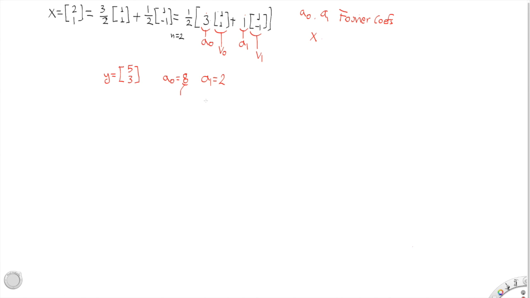The whole point here is that when n is equal to 2, so in two dimensions, you can either have the constant signal, which doesn't oscillate at all, or the signal that oscillates once. Basically, you're taking x dot product with this one, or with the one that oscillates only once, and these are your two Fourier coefficients.